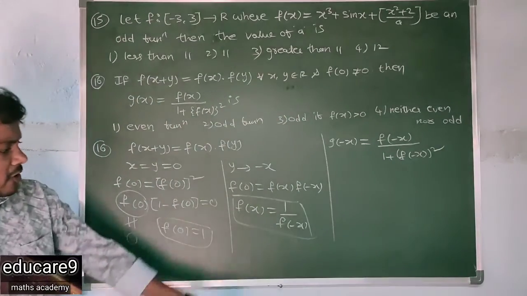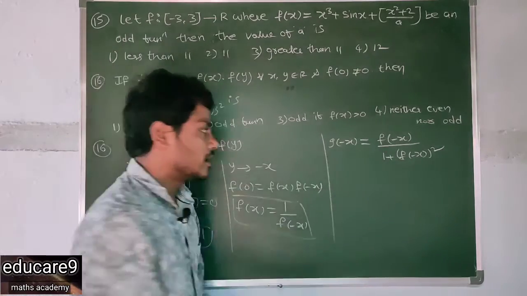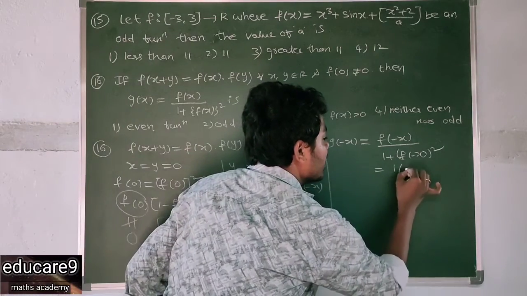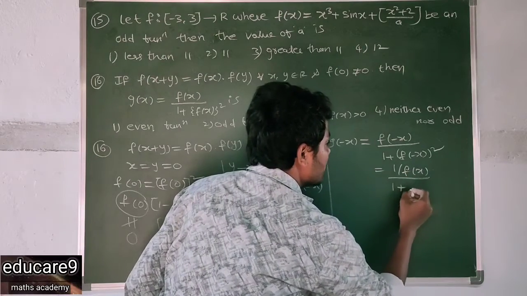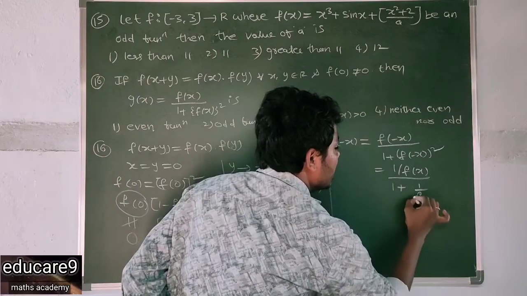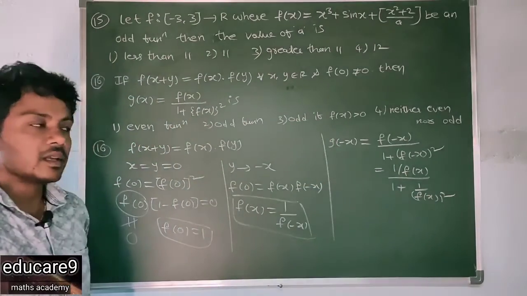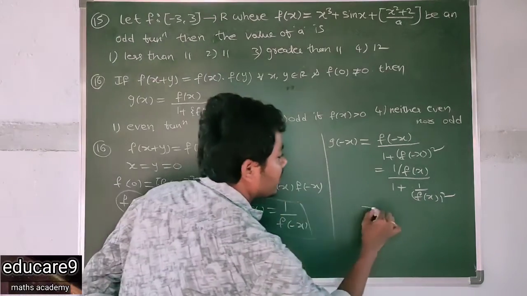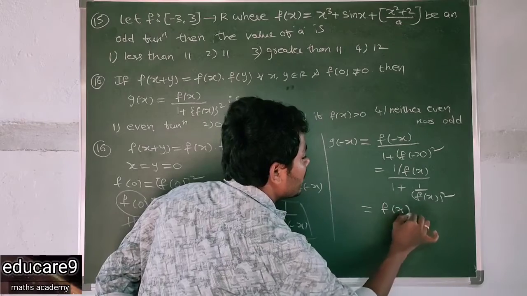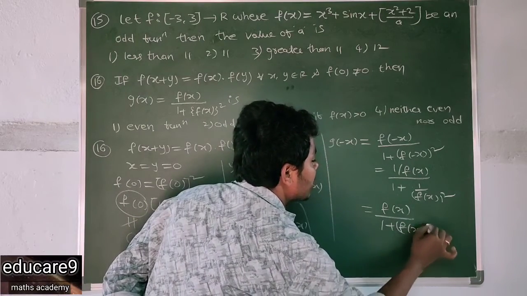So what is f of minus x in this? 1 by f of x. Now substitute here. So 1 by f of x divided by 1 plus 1 by f of x whole square. Okay, now this is f of x by 1 plus f of x whole square.